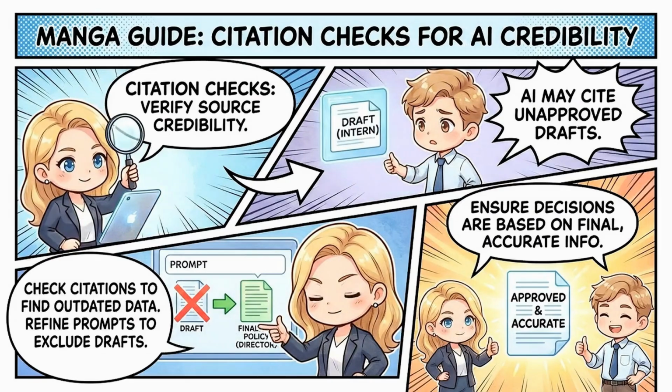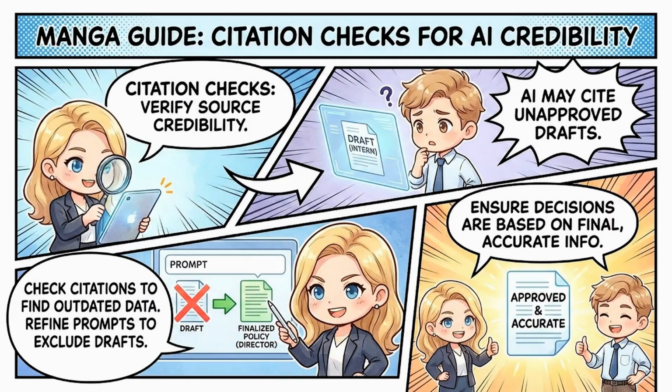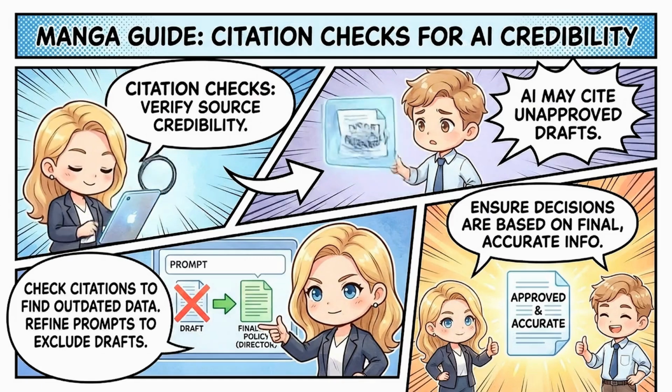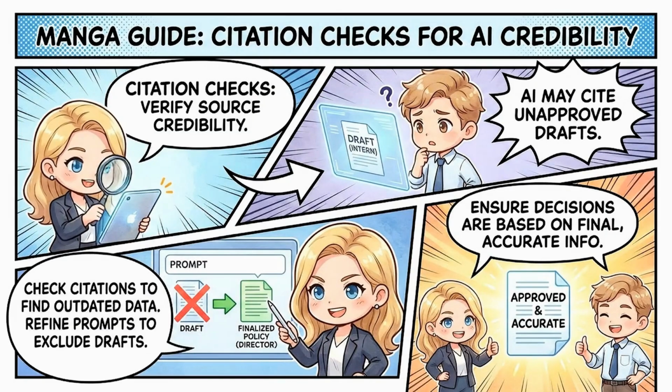Beyond verifying the AI's reading comprehension, a citation check allows you to evaluate the credibility of the source itself. Copilot searches your accessible Microsoft Graph, and sometimes it might answer a question by citing a draft document created by an intern, rather than the finalized, approved policy document created by a director.